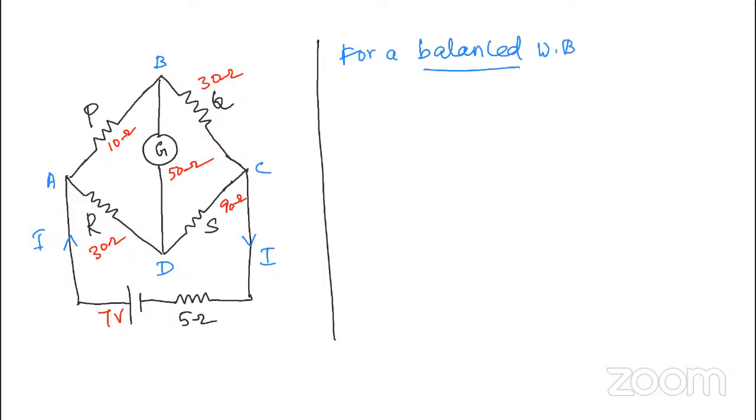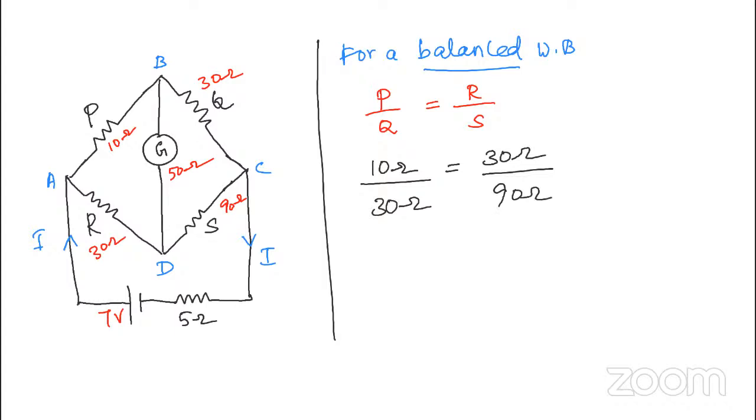P by Q is equal to R by S. So here it is 10 ohm divided by 30 ohm. It should be equal to 30 ohm divided by 90 ohm. Right? So this is 1/3, and here also 0, 0 cancel and 1, 3. So 1/3. It is in a balanced condition.